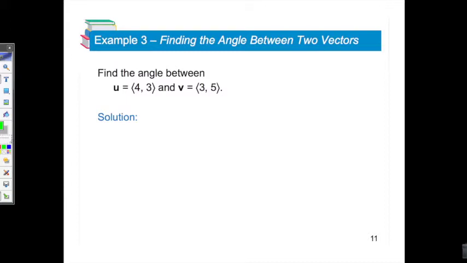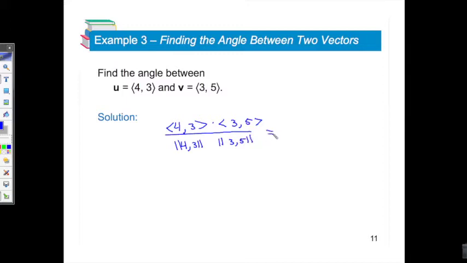Well, what that means to me is that I have to find the dot product between 4,3 and 3,5, and then place that over the magnitude of 4,3 and the magnitude of 3,5.